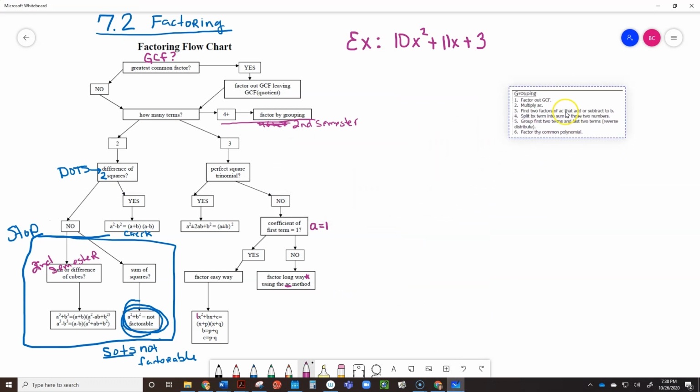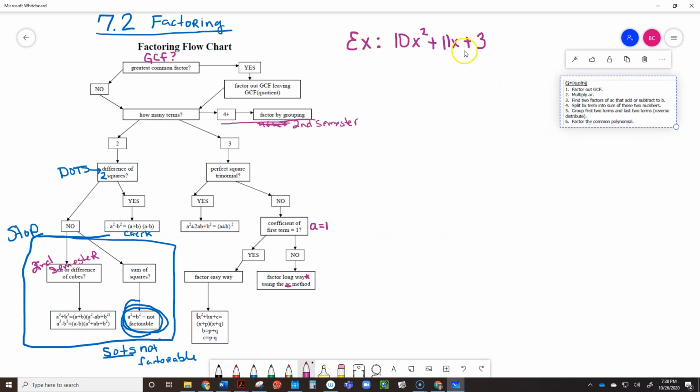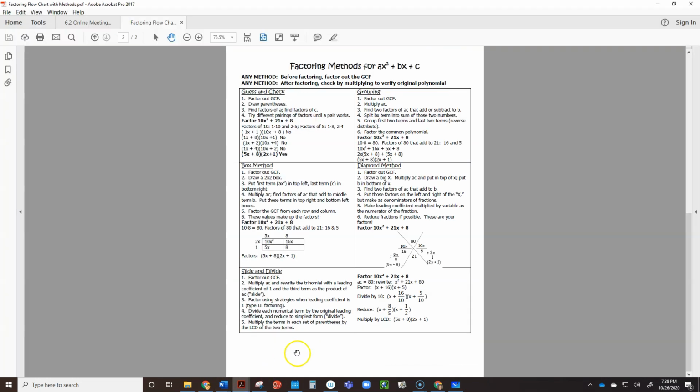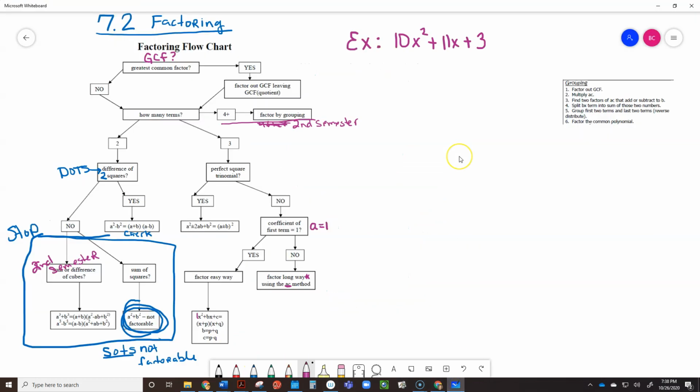So we'll be following these notes as I work this problem. But again, I will go back and do separate optional videos for the guess and check, for the box method, for the diamond method, and for the divide and slide. Those will be optional videos. You do not have to watch them. Everybody's going to be required to watch factor by grouping, but then the rest of them will be optional. Okay, so enough talk.